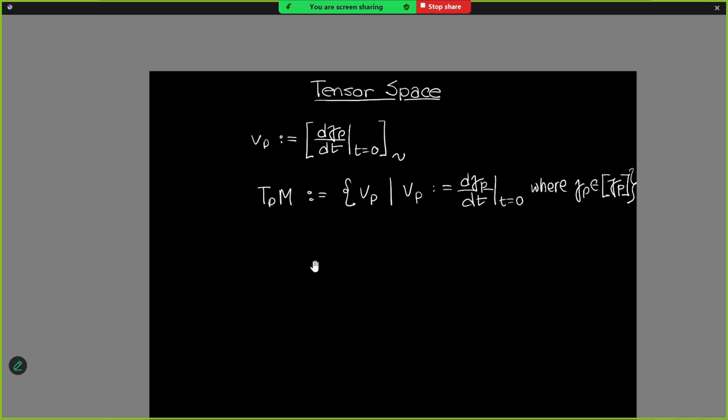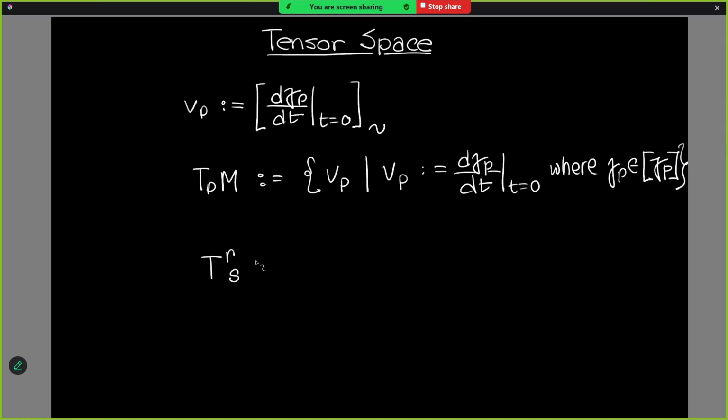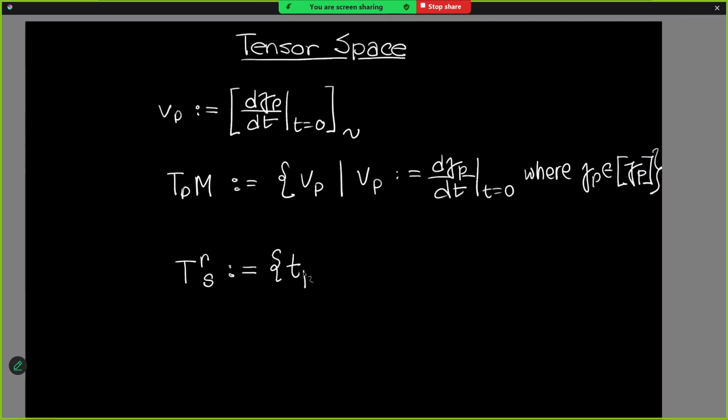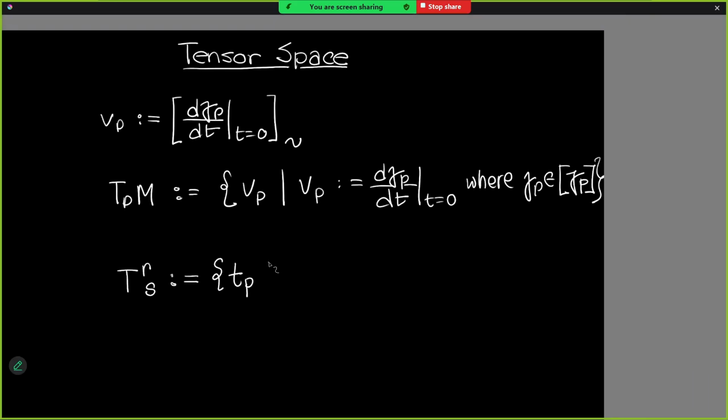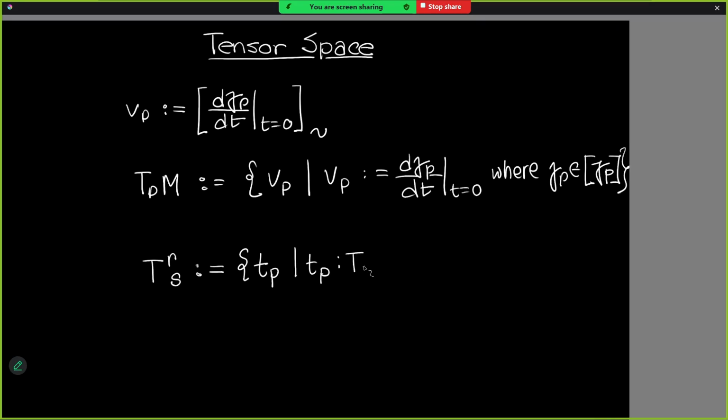So similarly, we're going to define, the notation is going to be a little different here. We're going to say T^r_s is the space of all of these T_p, where T_p is a multilinear map. So let me not write it in that long way.